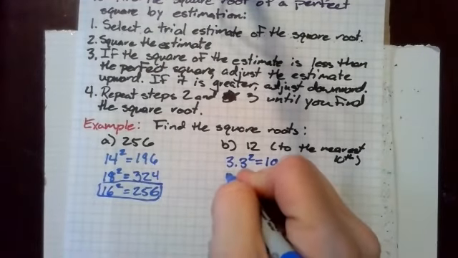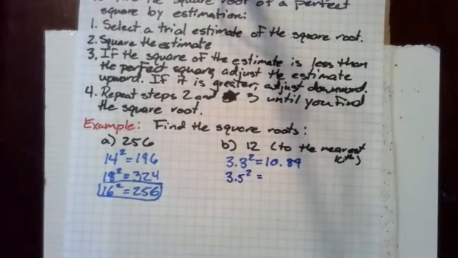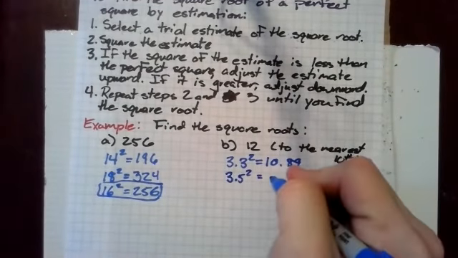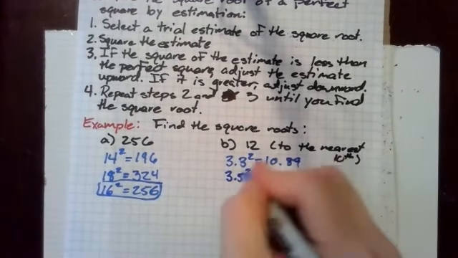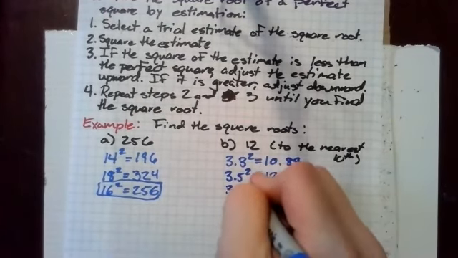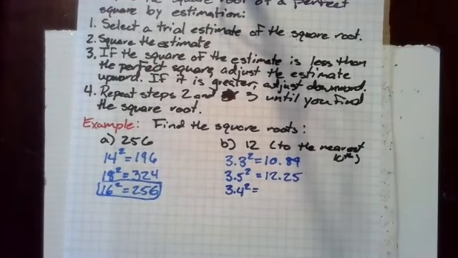So I'll try 3.5. That gives me 12.25. So now I'm going to try 3.4 squared, just to see if it's closer to 12 than 3.5 squared.